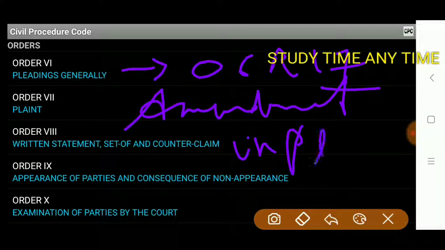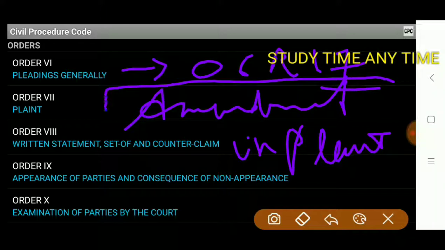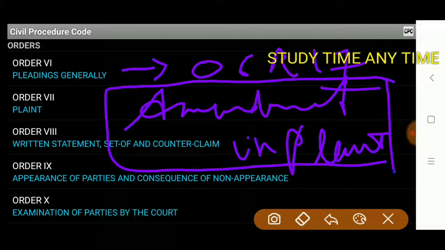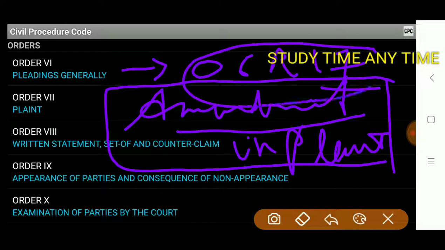It means that once you have filed the suit, then if a plaintiff wants to amend that or add some relief, then under this order he is able to file an application to the court, and with the permission of the court he can amend the plaint. We will discuss all these in detail when we cover these lectures order by order.